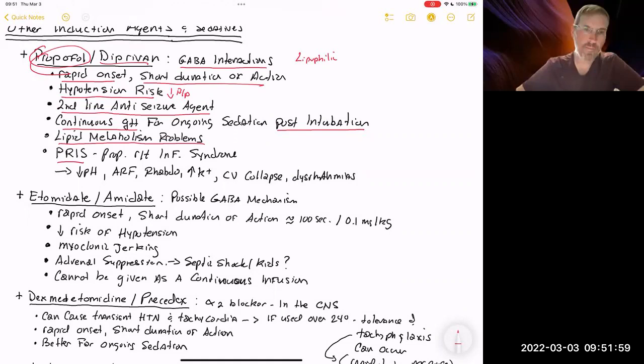And you can get a syndrome where they have an unexplained metabolic acidosis that develops, their pH gets low, they develop a kidney injury and acute renal failure, rhabdomyolysis, hyperkalemia, cardiovascular collapse, and dysrhythmias. This is all collectively referred to as propofol-related infusion syndrome. So propofol has some great properties associated with it, but it also has some more problematic issues associated with it.